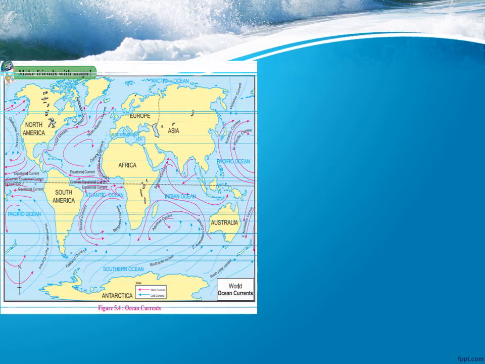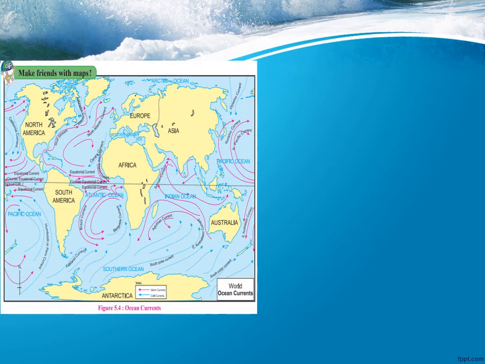Horizontal surface ocean current. The flow on the surface of the ocean moves only 10% of the oceanic water. The surface flow is considered up to 500 meters of depth.